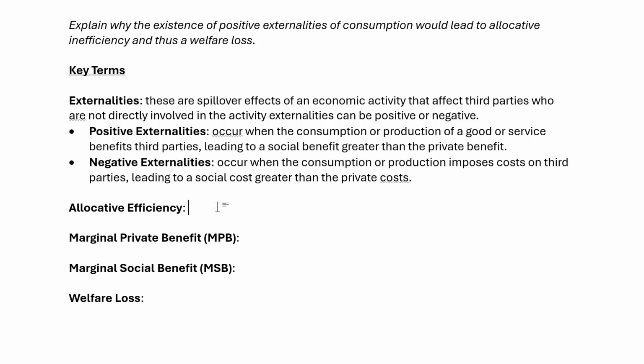Okay, so now we've defined an externality. The other key term we're going to discuss is this idea of allocative efficiency. Now, allocative efficiency occurs when resources are being used where they most benefit society, right? So this occurs when resources are distributed in a way that maximizes social welfare.